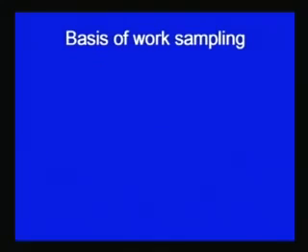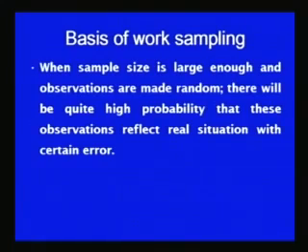The basis of work sampling is probability. When the sample size of the observations carried out on a given work area is large enough and the observations are made randomly, then there will be quite a high probability that these observations reflect the real situation with a certain error.